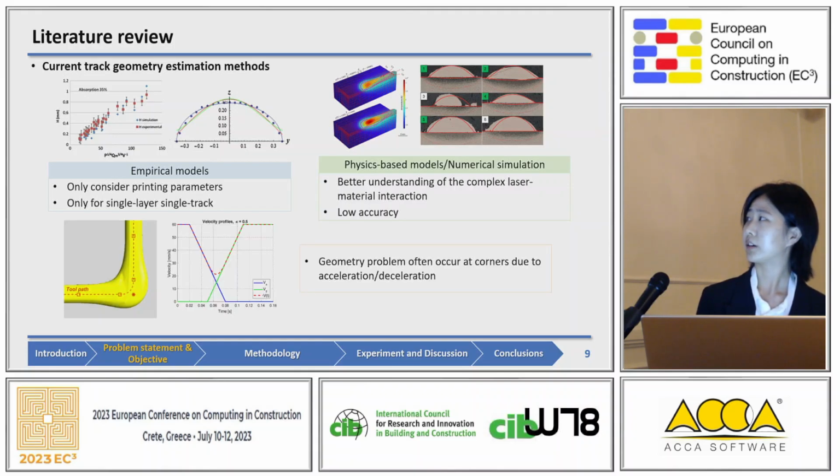And in addition, the geometry problem often occurs at corners due to the acceleration and deceleration when the nozzle moves at the corner part. So in my study, I want to estimate the layer height of multi-layer corner deposition using machine learning methods.